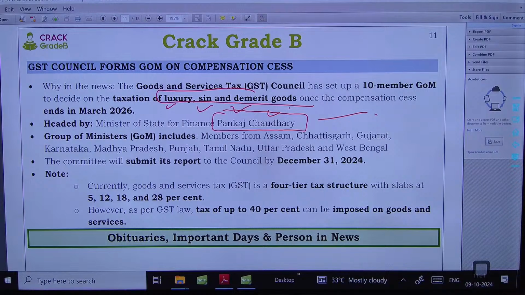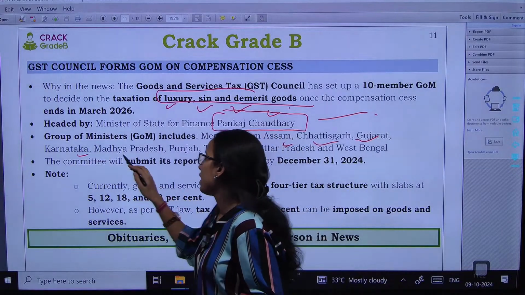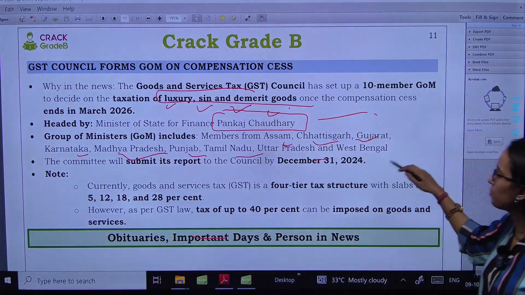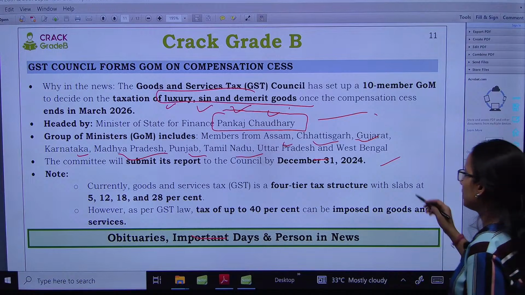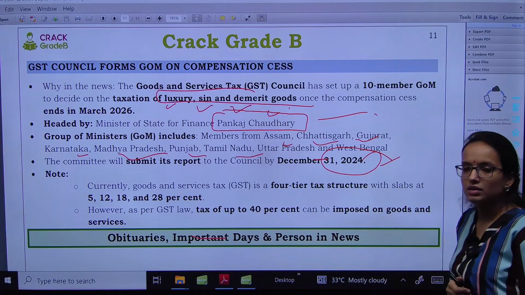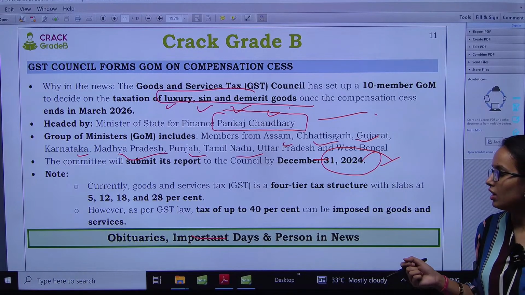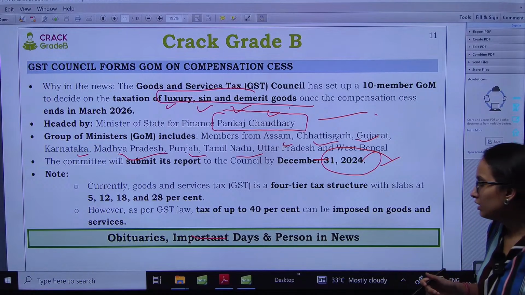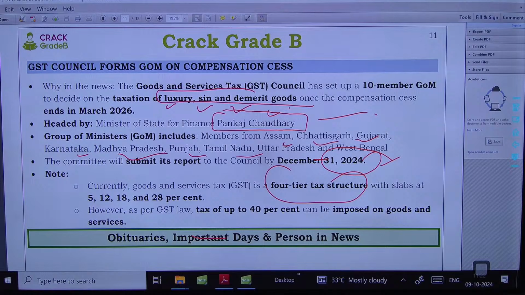Then, group of ministers will include members from Assam, Chhattisgarh, Gujarat, Karnataka, MP, Punjab, Tamil Nadu, UP and West Bengal. It is going to submit a report by 31st December, and let's see what the report recommends then. That will be there in the news. Currently, the GST is a 4-tier tax structure with a tax slab of 5, 12, 18 and 28%.